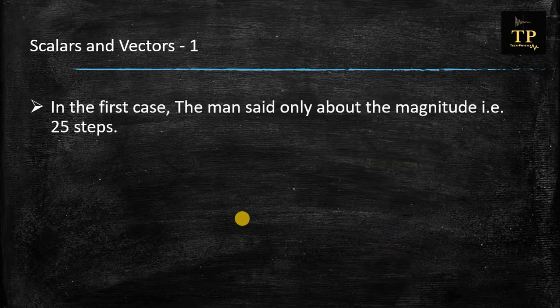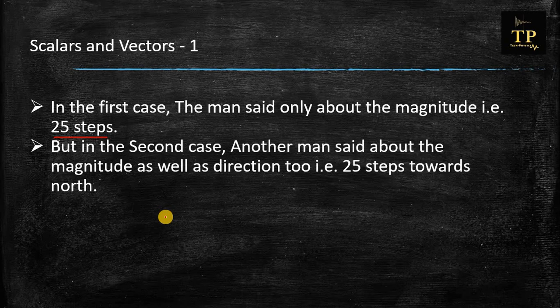What did we see in these two examples? In the first case, the man said only the magnitude, that is 25 steps. He only said that you have to go 25 steps, but didn't say where to go. But in the second case, the man said take 25 steps towards the north.